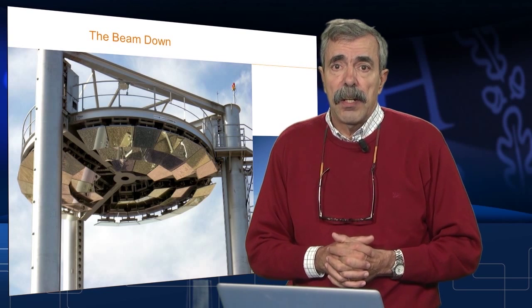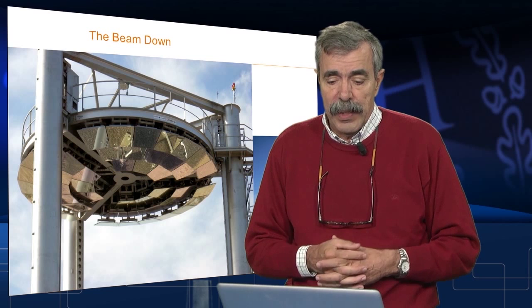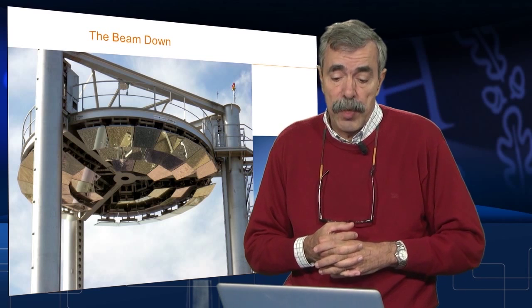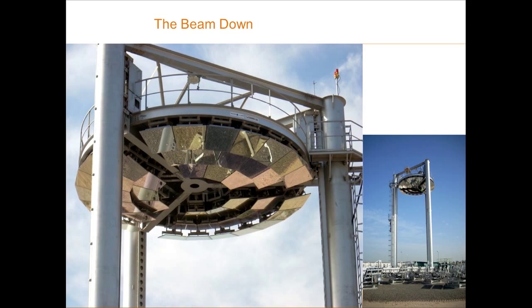Among the systems that are available, one which is very, very strange is the beam down system. Beam down means that you have a solar field composed of heliostats, similar to the ones we use in the tower configuration. Those heliostats are going to be reflecting the light of the sun and projecting it on this dome.